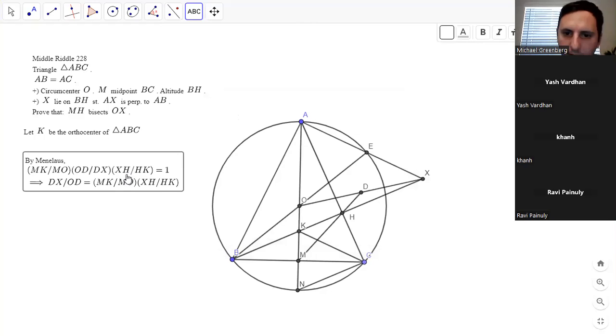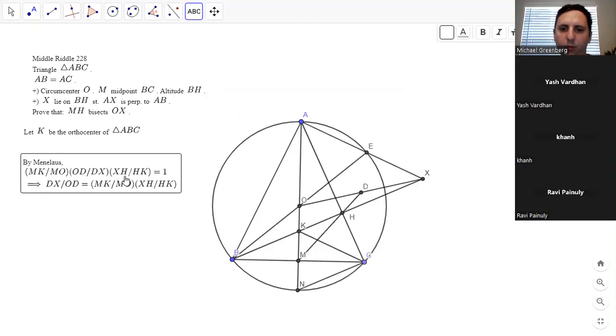So CN is parallel to BX, and both are perpendicular to AK. And then we also have CK is perpendicular to AB. So first of all, AX is parallel to CK.